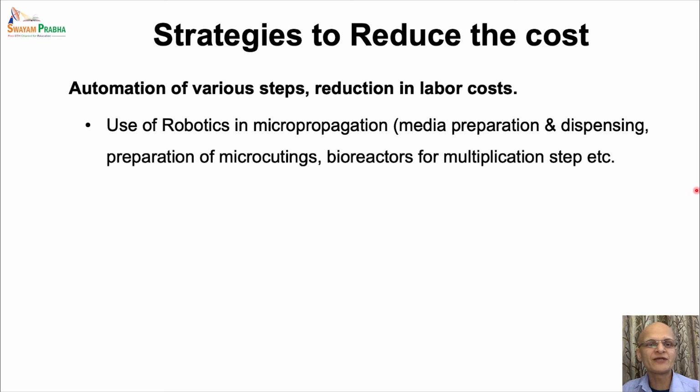However, automation has its own challenges. While the media preparation and dispensing in the culture vessel can be easily automated, more integrated efforts would be required to automate the in vitro operations like preparation of micro cuttings.